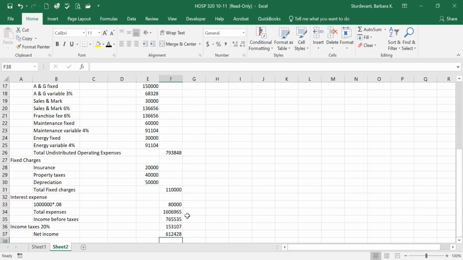Add up all your expenses, subtract that from your revenue, get your income before taxes, and then calculate your income taxes based on that smaller number. And that gives us the net income. Questions?